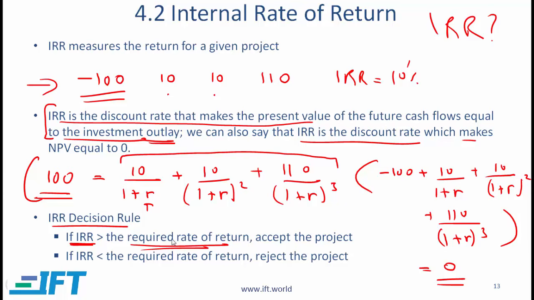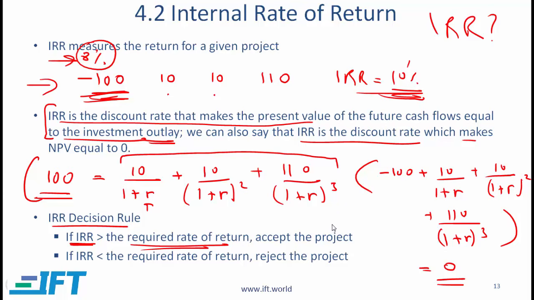In other words, if this $100 can be raised at an 8% rate, it costs you 8% to, say, borrow 100. Would you do a project which gives you a return of 10%? The answer is yes. If your IRR is greater than this required return of 8%, then you accept the project.